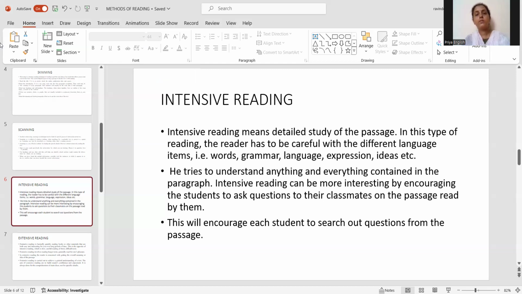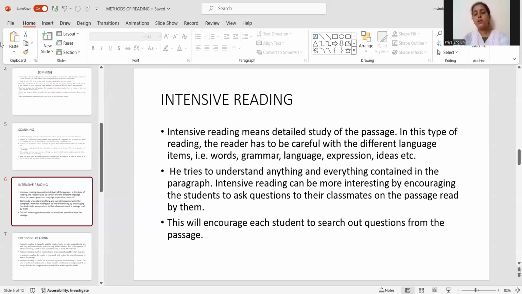When all the students read the text very carefully, keeping in mind all the aspects of the language, maybe the grammar, expressions, ideas, parts of speech, tenses, sentence structures, and so on, and they get a thorough understanding of the topic, they will find it very easy to answer the questions that follow the passage.